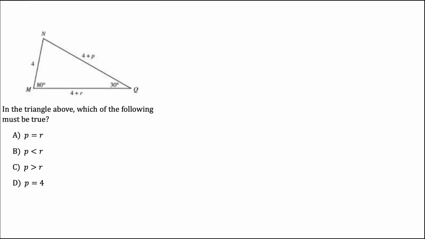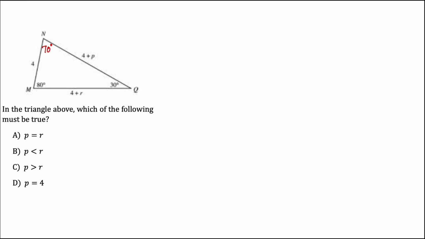The next question. So in the triangle above, which of the following must be true? So the two given angles are 80 degrees and 30 degrees. The sum of the two angles is 110. The third angle must be 70 degrees because the sum must be 180 degrees.